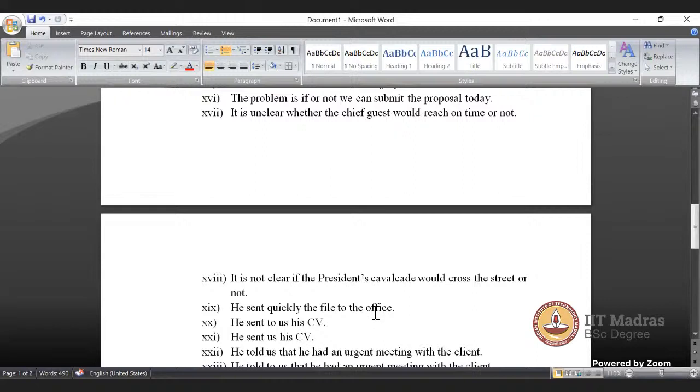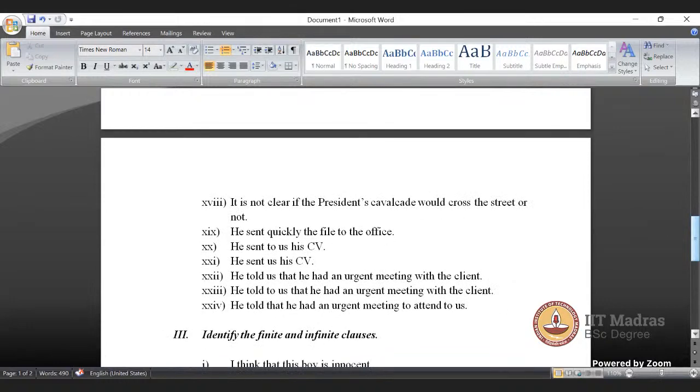Now look at the 19th one. He sent quickly the file to the office. Now we have come to look at the that clauses in particular. The last few sentences are on that. So we'll judge the grammaticality here. And we're also looking at the relationship between that clauses and indirect objects. Look at that verb send.